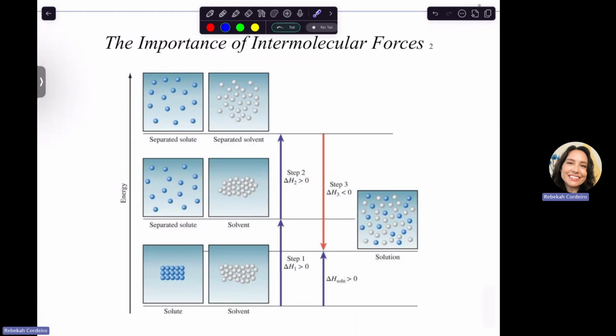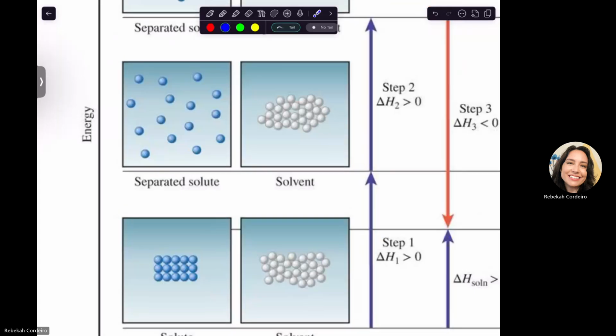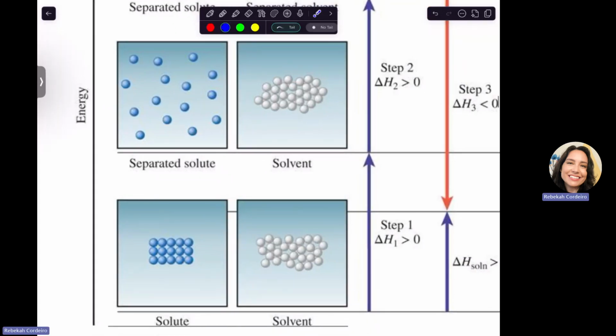So when we're thinking about this step by step, don't freak out. I know it looks like a Born-Haber cycle, but just think about it. We have our solute and our solvent. They are together. Let's say this one is a solid and this one is a liquid, and they're all together. In order to mix them up, we have to separate our solute. So we have to break solute-solute interactions.